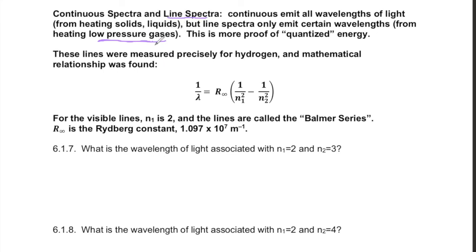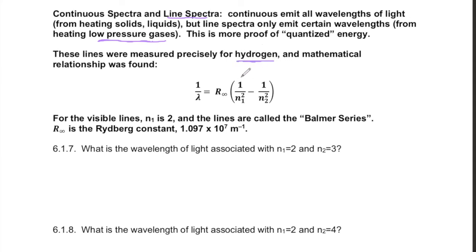That's different from when you have something that is molten, glowing, melted iron, and you look at the spectrum from that. It is a fairly continuous spectrum, but if you had iron as a low pressure gas, or more commonly you have something that's a gas as a low pressure gas, you can just get the line spectra. So there are just certain wavelengths that are emitted by these low pressure gases.